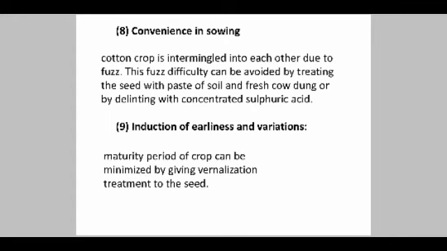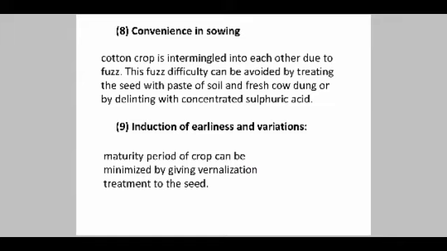Next is convenience in sowing. The seeds of cotton crops intermingle with each other due to the fuzz, which may make sowing difficult. This can be avoided by treating the seed with a paste of soil and fresh cow dung, or by delinting with concentrated sulfuric acid.